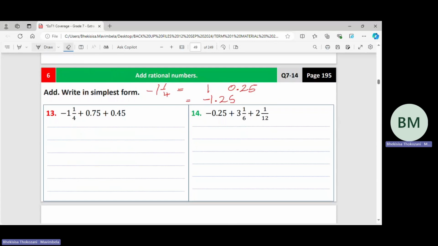Okay, let me just, so that when you are studying this thing, you can remember what I'm trying to do here. So we said minus 1 and 1 over 4, it's same as 1 plus 0.25, because this one here, it's same as well 1 plus 1 over 4, which is this one here.